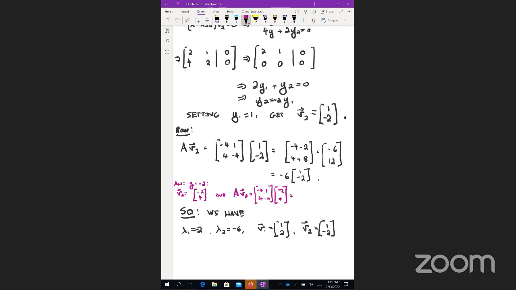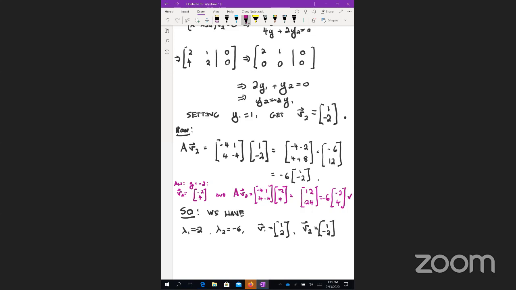And a little bit of work, that's going to be 8 plus 4, 12. And that's going to be minus 8 minus 16 is minus 24, which again is going to be equal to minus 6 times minus 2, 4.